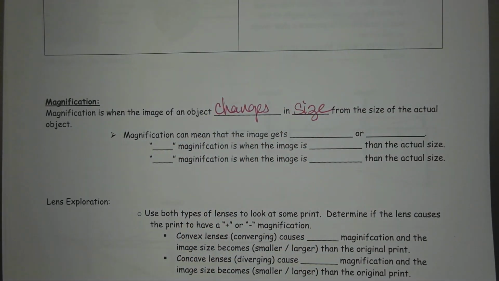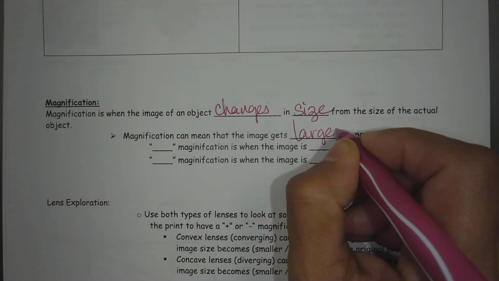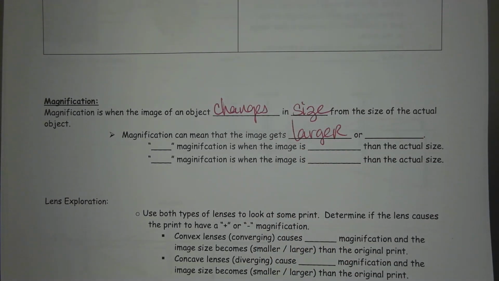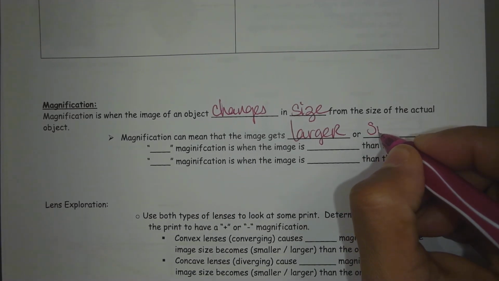Most of us are familiar with it getting larger. If we get a magnifying glass, we can enlarge the image. Or if you're looking through a microscope at bacteria that are so tiny, you can see them because you magnified them. But believe it or not, it can be not only larger, but smaller.